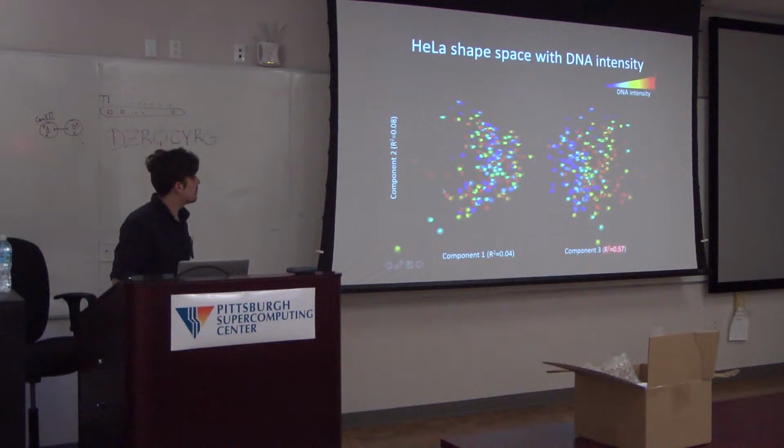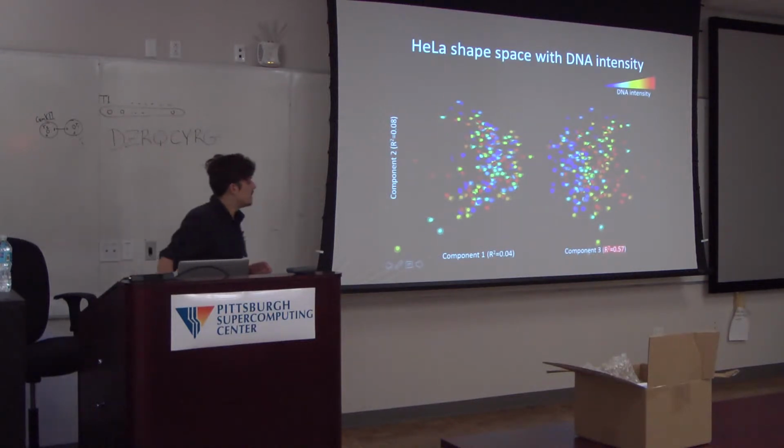So we took a collection of HeLa cells and computed a shape space for them, and then colored them by intensity. And here I'm showing you the first component on the x-axis, and the second dimension on the y-axis for both of these, and then the third dimension on this figure.